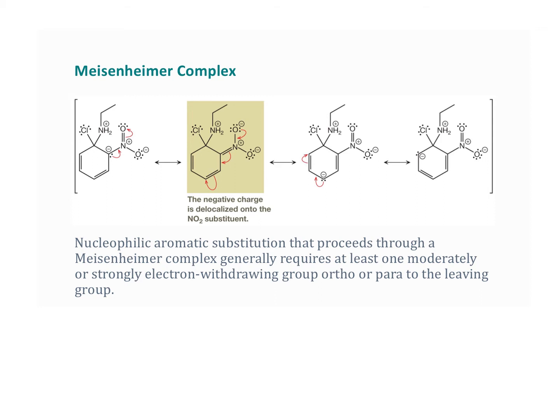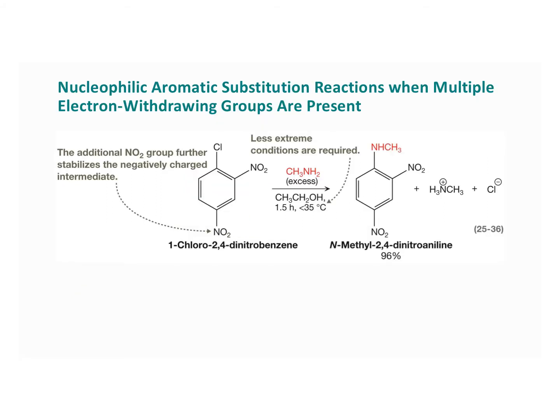Now, the location and number of strongly electron withdrawing groups relative to the leaving group is also shown in the reaction here. This is a substitution. It's similar to the previous one we looked at, and this reaction also requires less heat because the leaving group here is ortho. Sorry, let me find it.